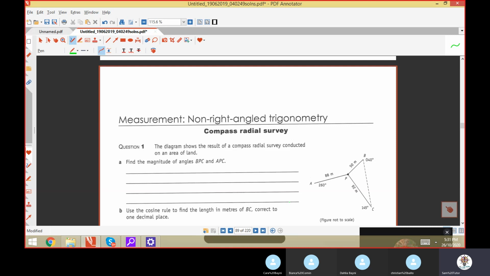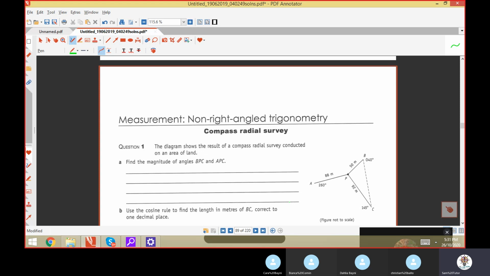I'll get Sam and then he'll clarify a couple of things. Right, so for D, it says it's from P. So would you go around and do 360 minus? That's correct, yes. Because clockwise.